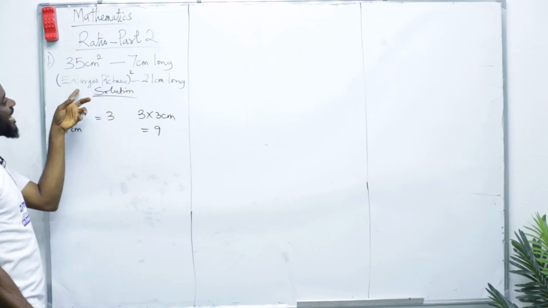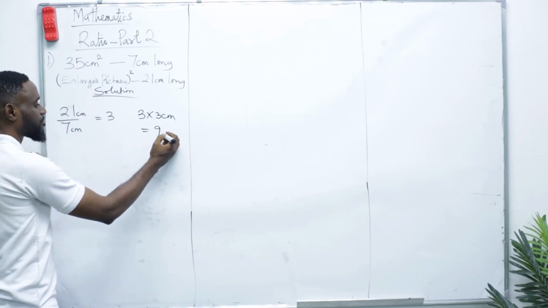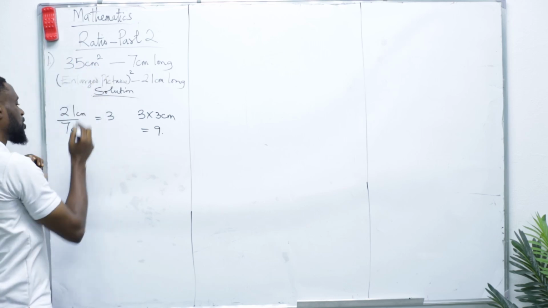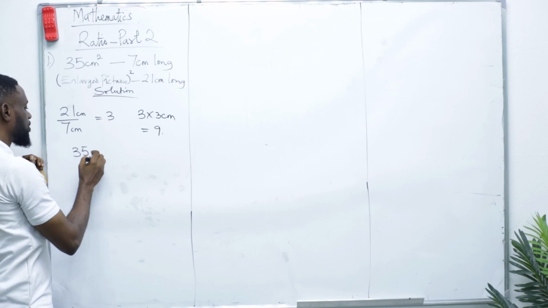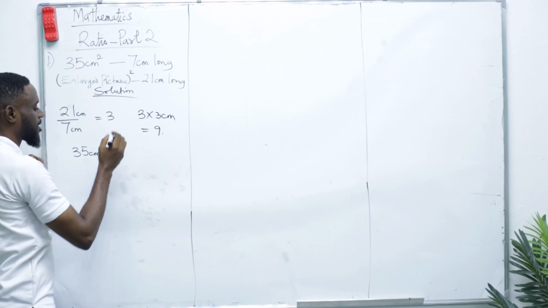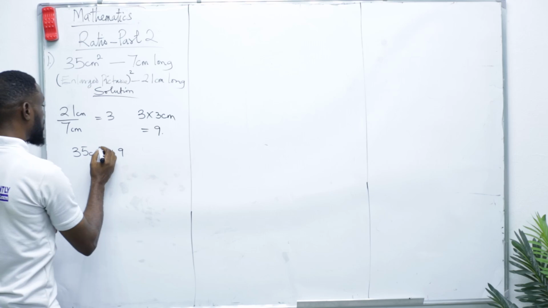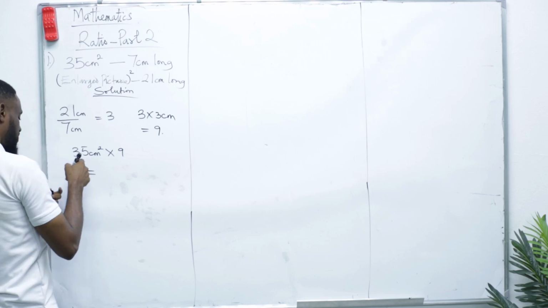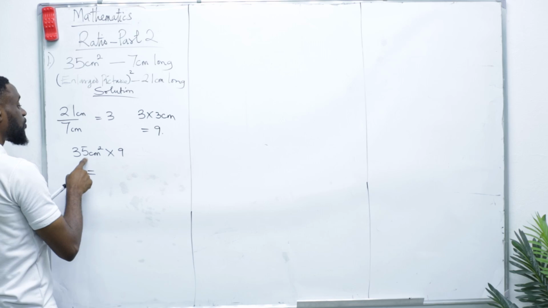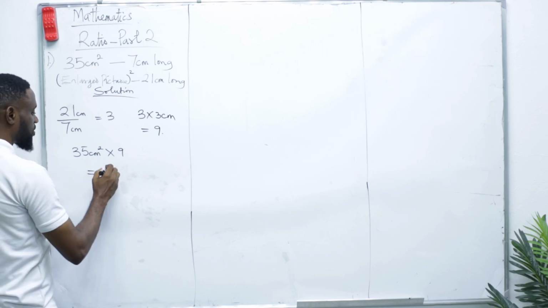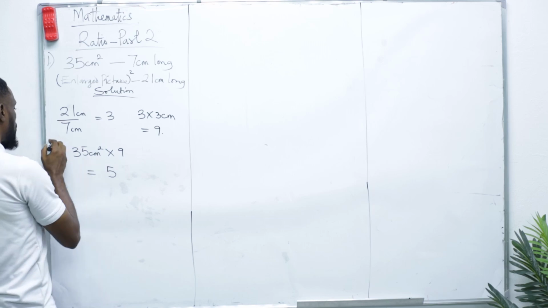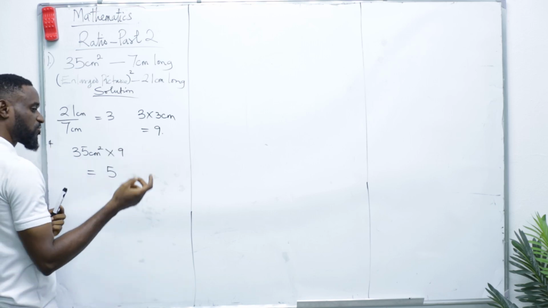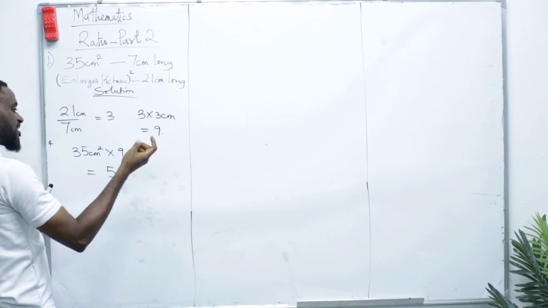To get the area of this enlarged picture, we just multiply this 9 by the original picture area. So we have 35 cm square multiplied by 9. 9 times 5 is 45, so write 5, remainder 4. 9 times 3 is 27, 27 plus 4 is 31.